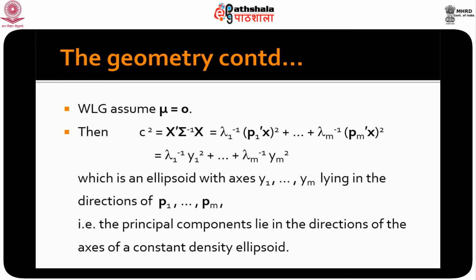And this equation defines an ellipsoid in a coordinate system with the x's as the axes and the directions p1, p2, up to pm respectively. Now lambda_1 being the largest of the eigenvalues, the major axis would lie in the direction of p1, and similarly the second one, which is lambda_2, would be in the direction of p2, etc. So what it does basically is it makes a transformation.